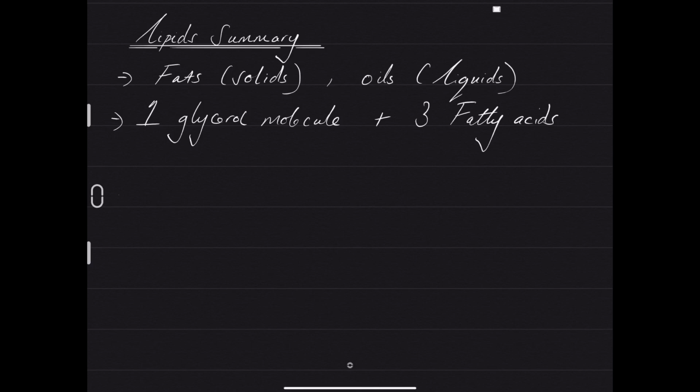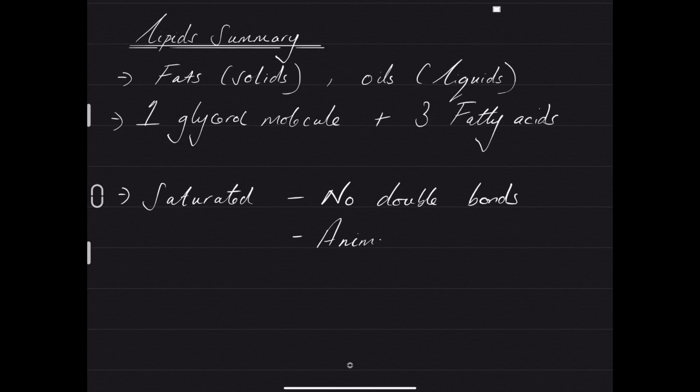They can be thought of as being saturated. This means no double bonds. Okay, and saturated fats are generally found in animal fats. And also tend to be, in this instance, saturated fats are considered unhealthy.